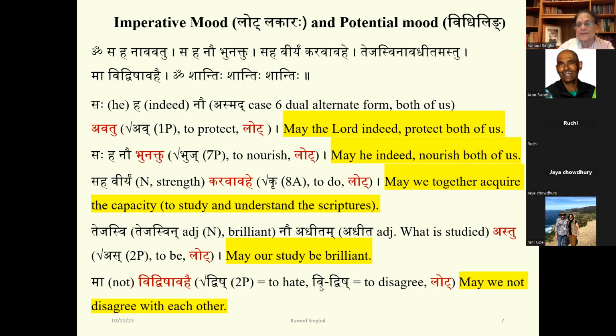And when you add this upasarga vi, it becomes to disagree. May we not disagree with each other. So we've been chanting this verse in each class. So now you know the meaning and the grammar of this verse. So all these are lot lakara: avatu, bhunaktu, karavavahai, vidvishavahai.